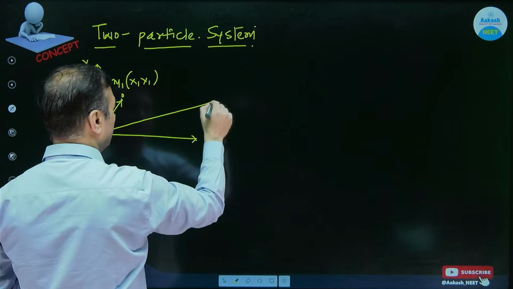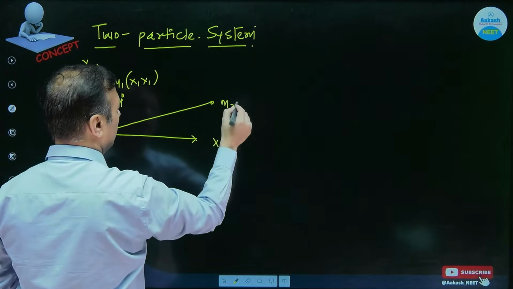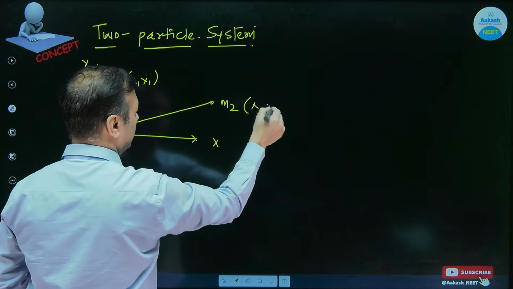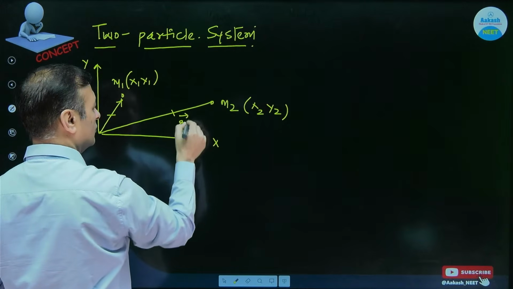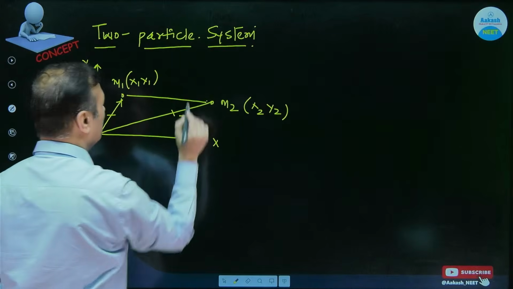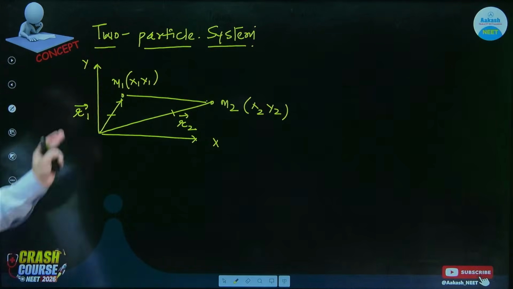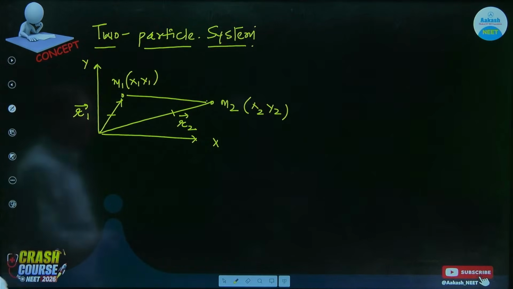Then you have another mass m2, with coordinates x2 and y2, and its position vector is r2. Then the center of mass of this system.